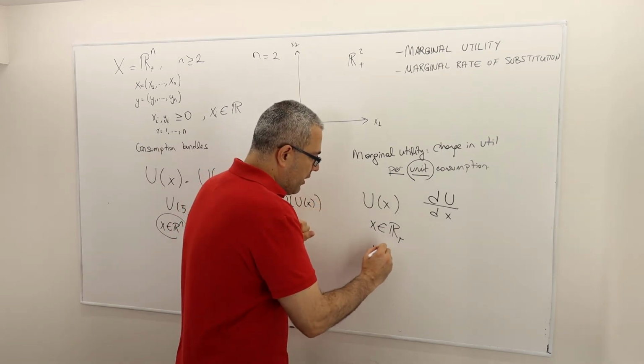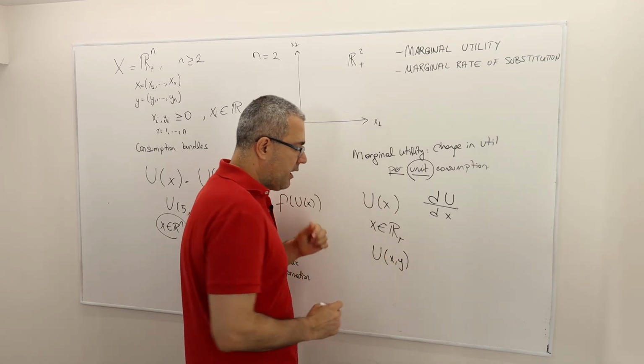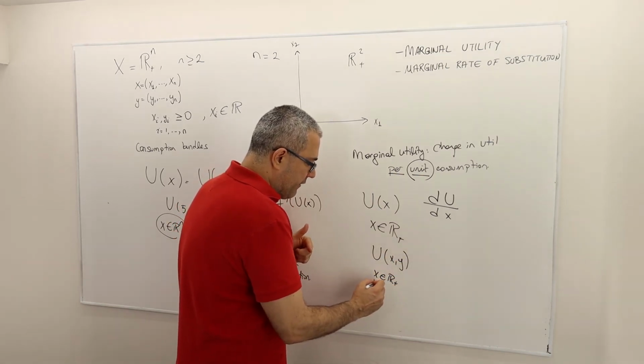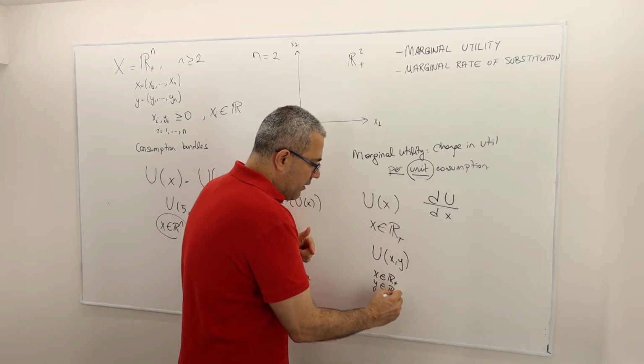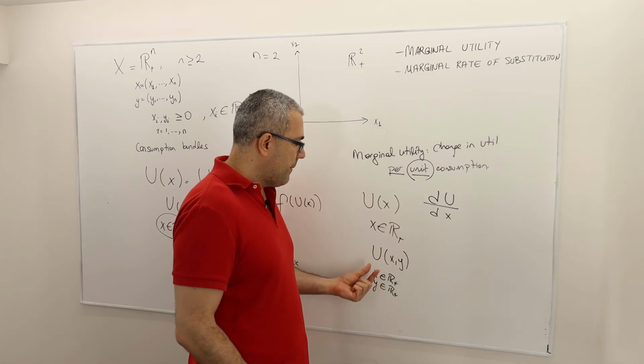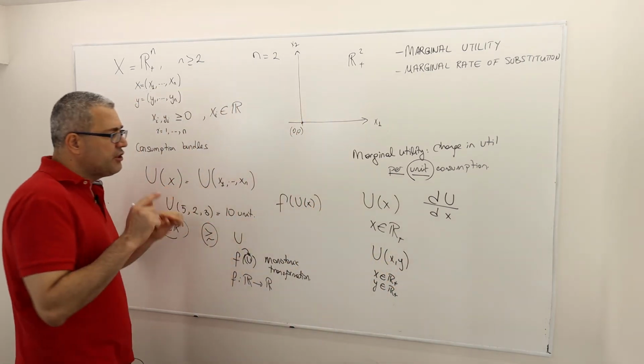But if we are talking about, for instance, x and y, where x is a non-negative real number and y is a non-negative real number, so this is basically R2. Again, as you see, I am interchanging the notation.